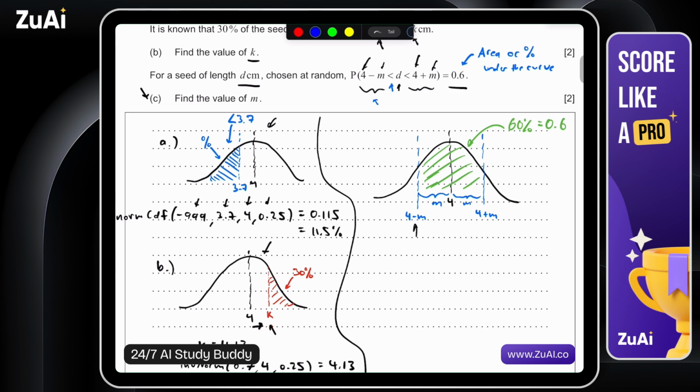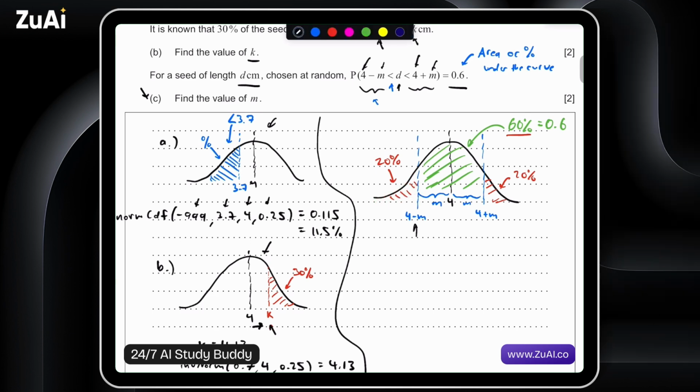If this right here is 60%, then we know that this is a symmetrical distribution centered about the mean, and that would mean that this itself would be 20%, this of course is 60%, and this would be 20% right here. And so, what are we asking the calculator to do? We're asking it to sweep through a range of 20% right here.